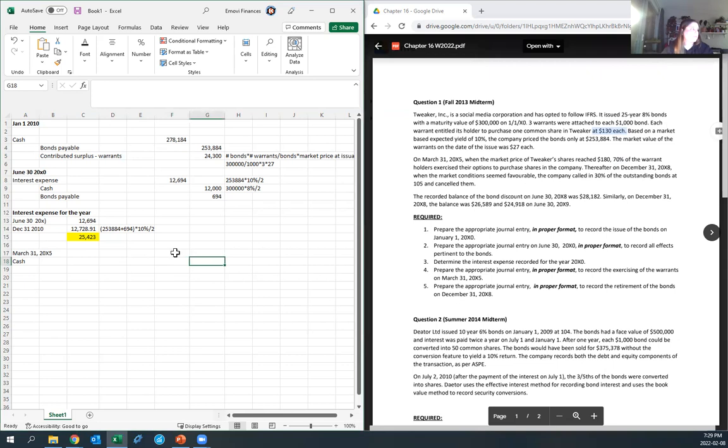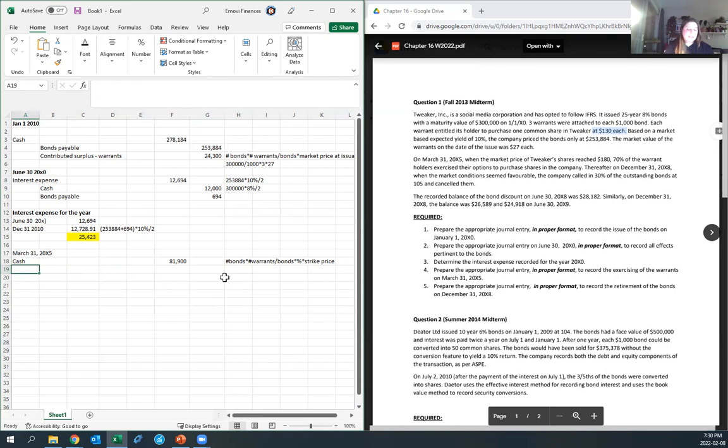So I'll put it here: number of bonds times number of warrants per bond times percentage of exercise times the strike price. For this problem, the number of bonds is again 300,000 divided by $1,000. The number of warrants per bond is 3. Percentage is 70%, and the strike price is $130.